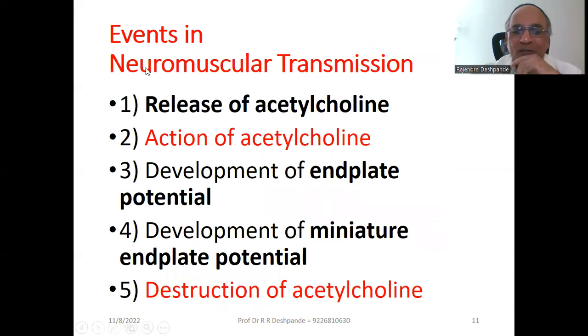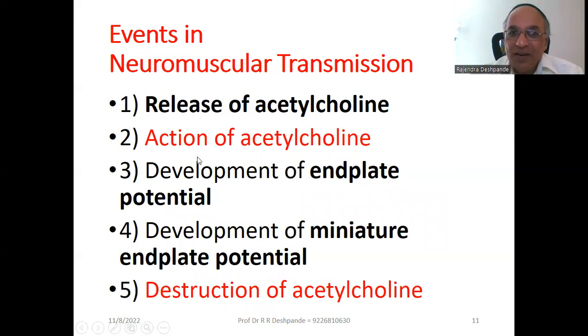Now, what are the steps, the events occurring in the process of neuromuscular transmission? Transmission of a signal, the current, is called a nerve impulse. Okay. First, release of acetylcholine. This neurotransmitter is very much essential. Action of acetylcholine.